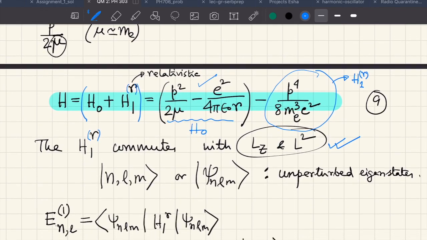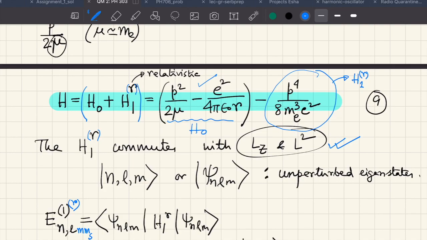And remember that these unperturbed eigenstates, ket nlm or psi nlm, are also the eigenstates for this perturbed Hamiltonian. So in that basis the Hamiltonian is diagonal. So we can use this formula for the first order correction, where in principle there are n, l, m and ms, all these four quantum numbers, and we should also denote by R that we are dealing with relativistic correction.